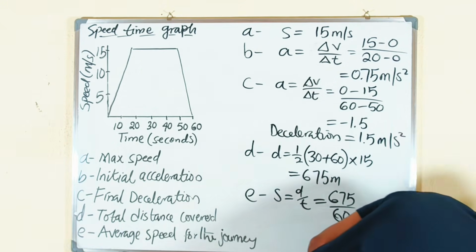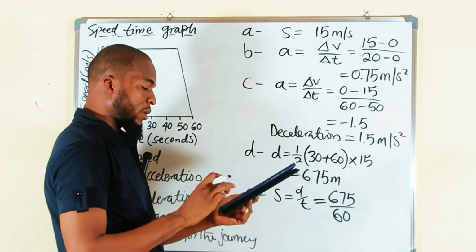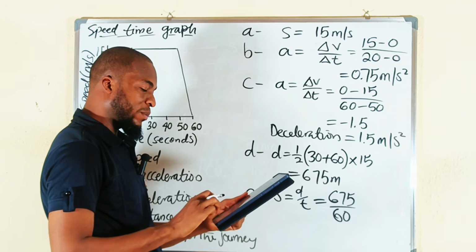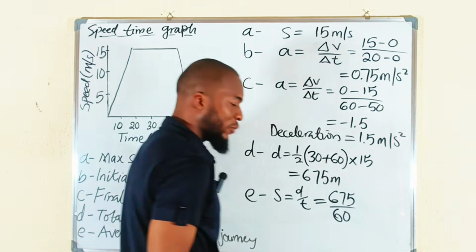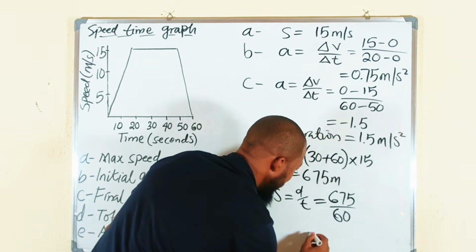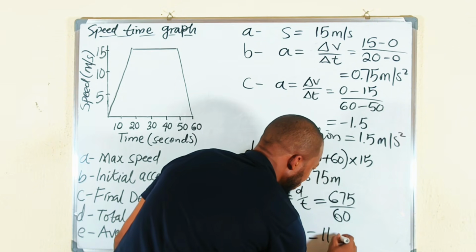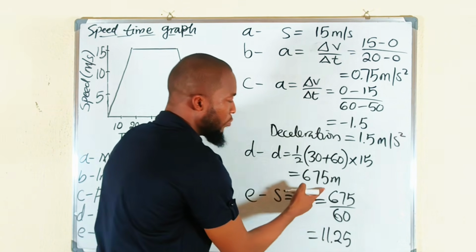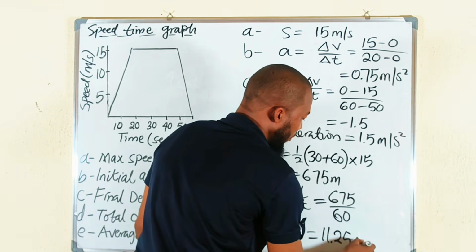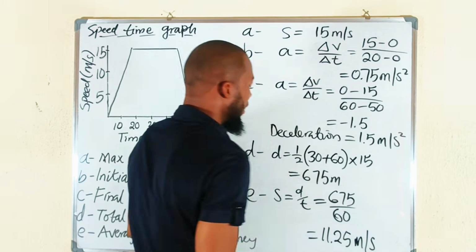So let me compute this one as well. 675 divided by 60, we have 11.25. So this is 11.25 meters per second.